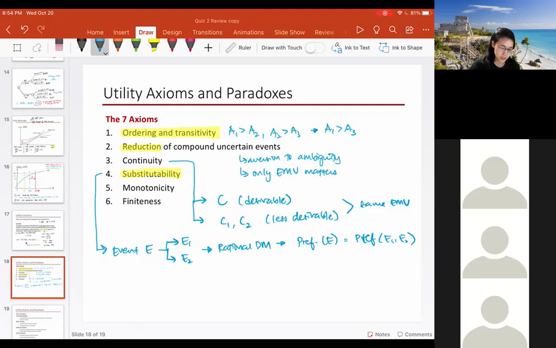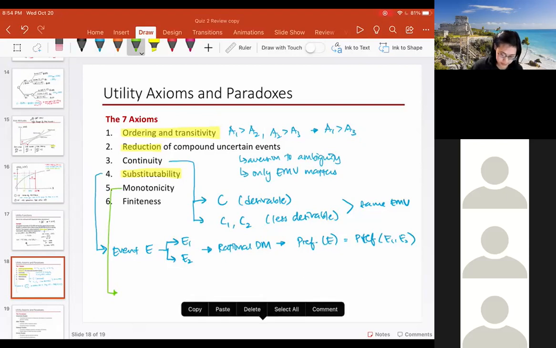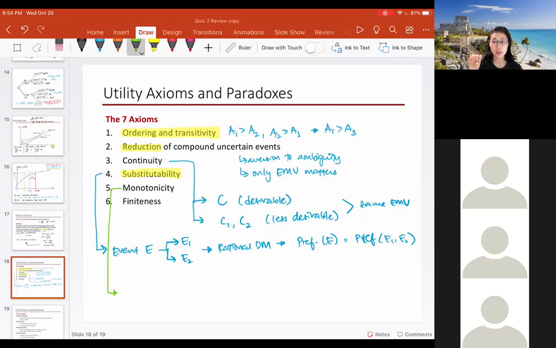And then monotonicity. Right here, let me change the color a bit. Basically, it's similar to reduction, but we're not considering ambiguity here.